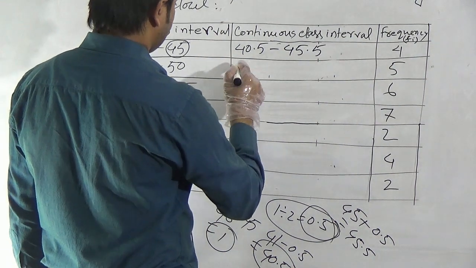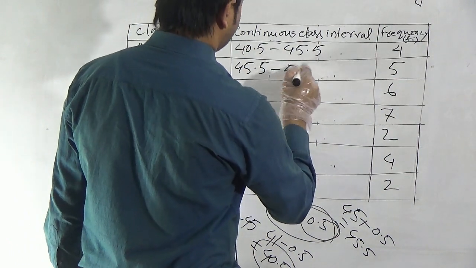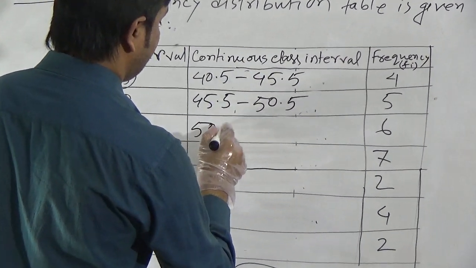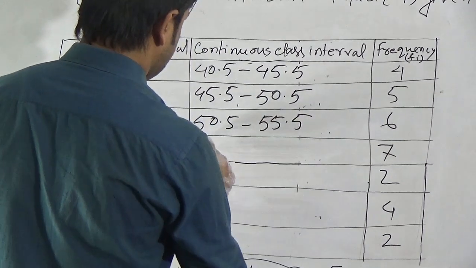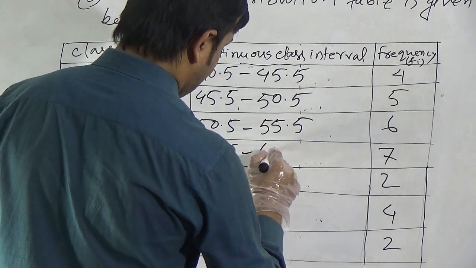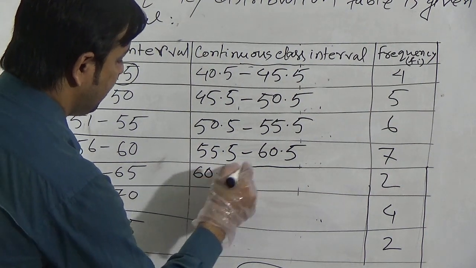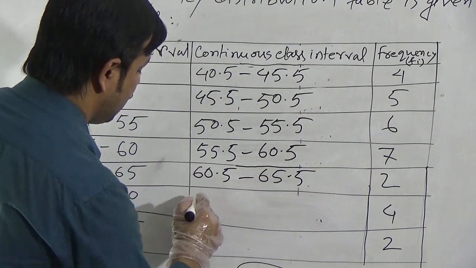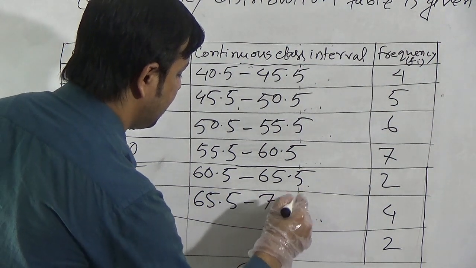This will be 45.5. This will be 50.5. Now 50.5, 55.5, 55.5, 60.5, 60.5 to 65.5, then 65.5 to 70.5.